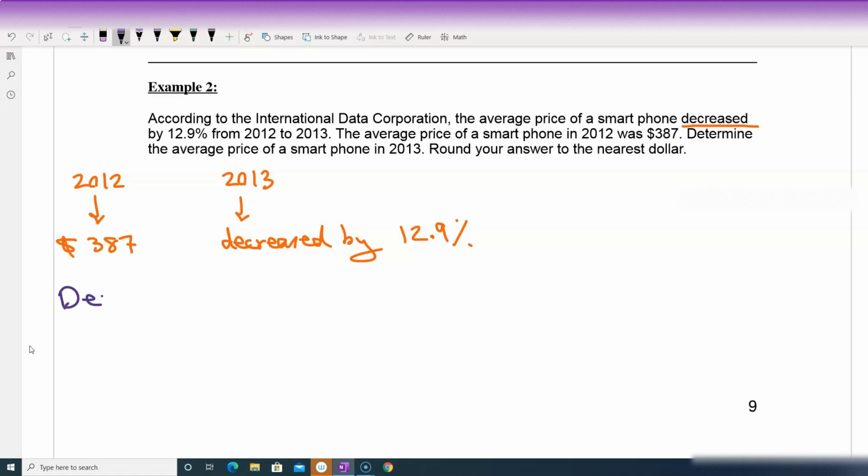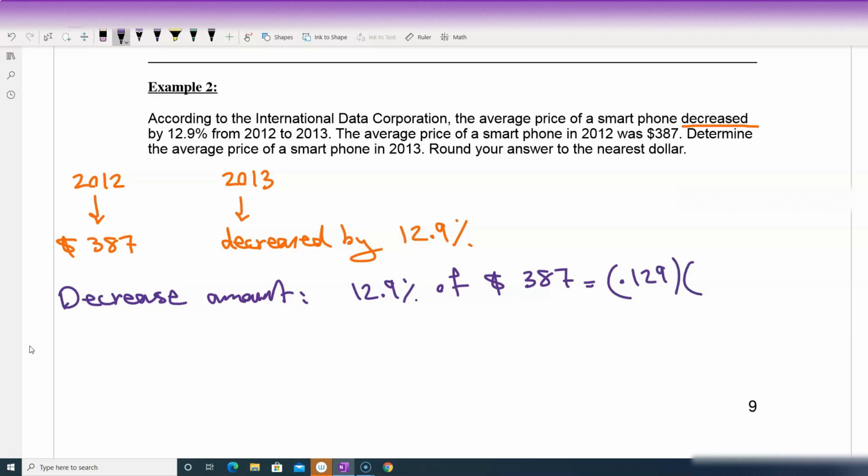First, we have to find the decrease amount. That is 12.9% of $387. That is, multiply these two numbers.